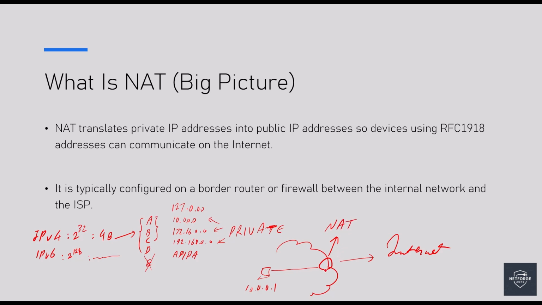What we did was we had some kind of private address in here, then a public address in here, and when we wanted to send the packet from this side to the outside, we changed the IP address on the packet to a public address, and then we sent it towards the destination.